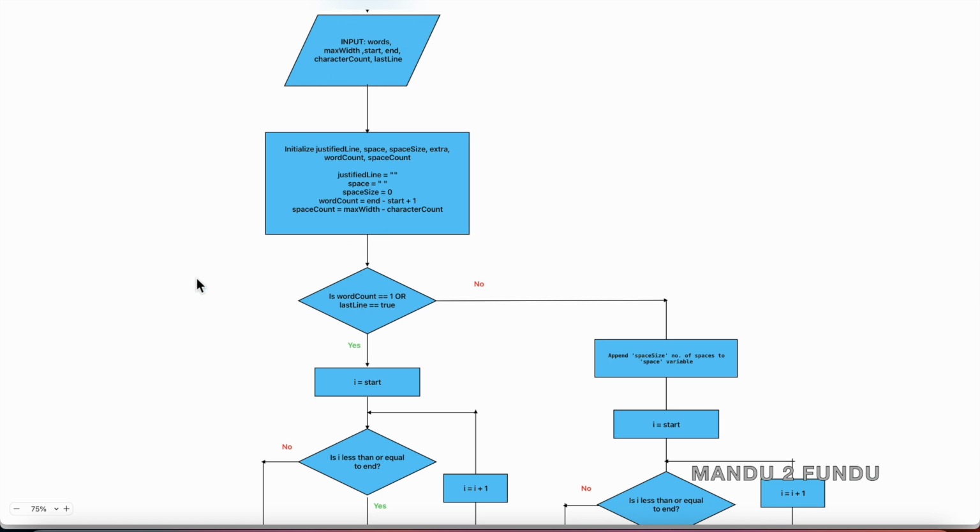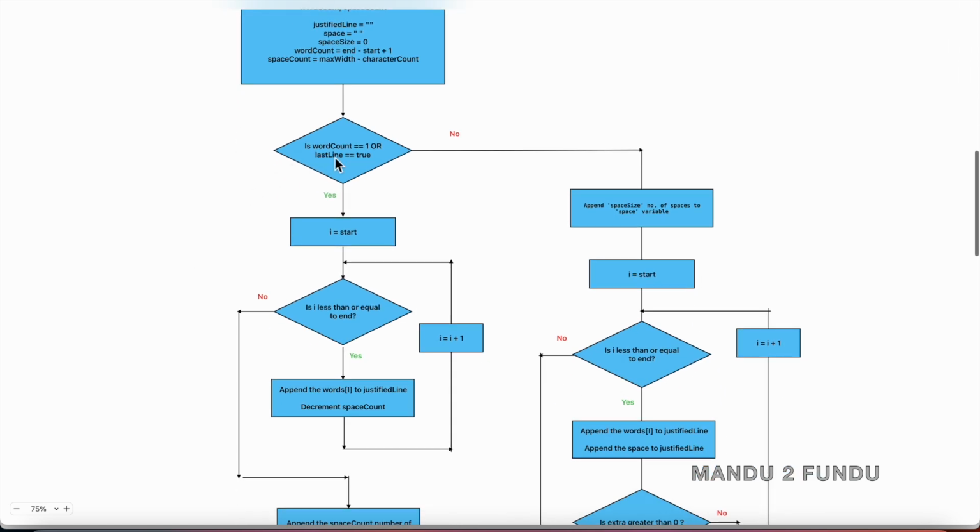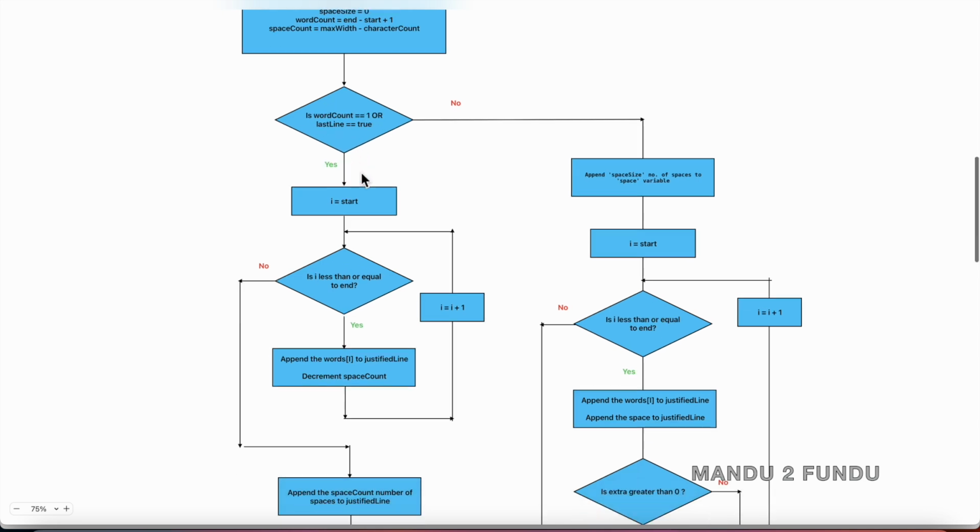Okay, so once that is done, we check whether the word count is equal to 1 or we are processing the last line. For these two cases, the words should be left justified and no extra space should be included between the words. Okay, there must be only single space between the words. So that's why we are checking this condition.